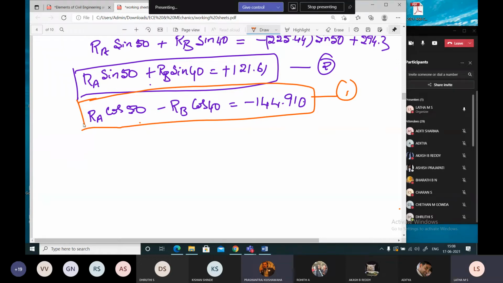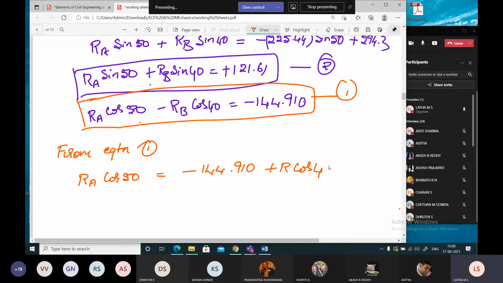Okay, from equation 1 we get RA cos 50 equals minus 144.910 plus RB cos 40.